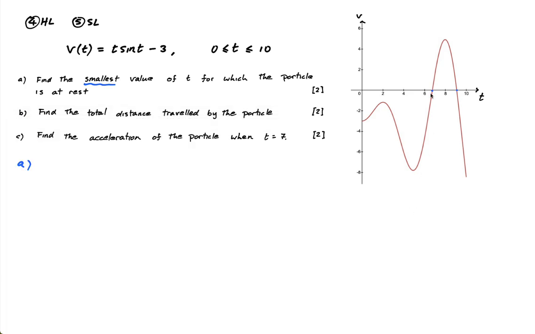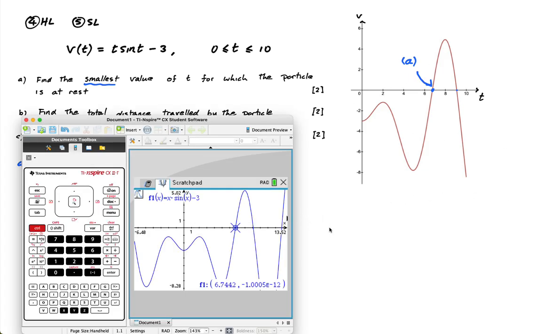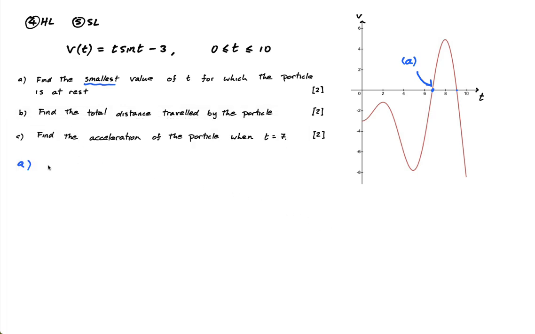If you want to show working, you could say part A is here, and that's your working there, and the answer is t equals 6.7442, or 6.74.